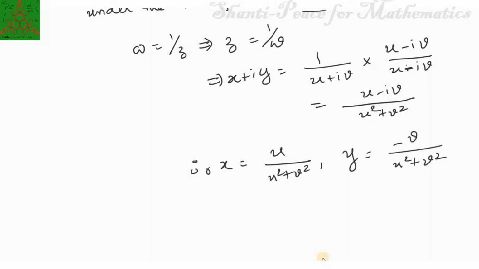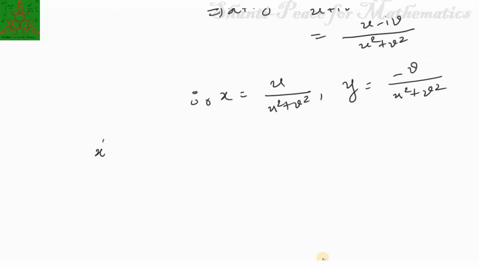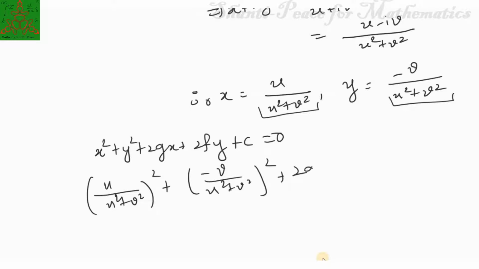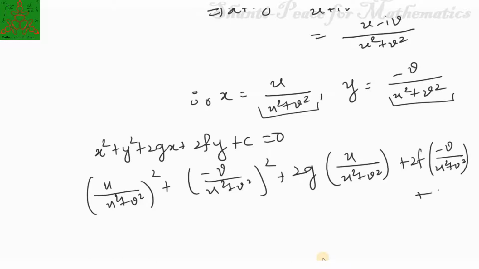The question is to calculate the image of x square plus y square plus 2gx plus 2fy plus c equal to 0. Now we have the values of x and y, so we substitute: u upon u square plus v square whole square, plus minus v upon u square plus v square whole square, plus 2g times u upon u square plus v square, plus 2f times minus v upon u square plus v square, plus c equal to 0.